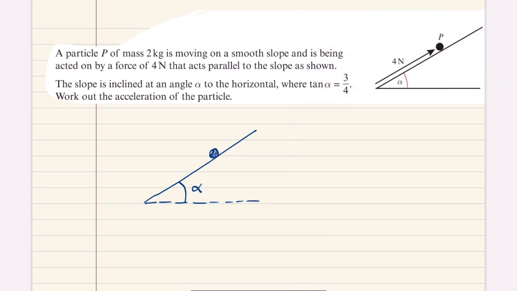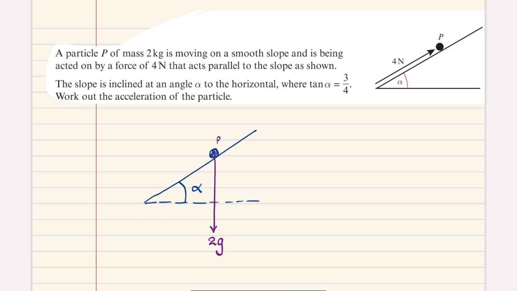So the mass of the particle is 2 kg, so let's mark the weight to be 2g. 2 multiplied by acceleration due to gravity, which is g, gives you the weight of the object. So let's label it as particle P.